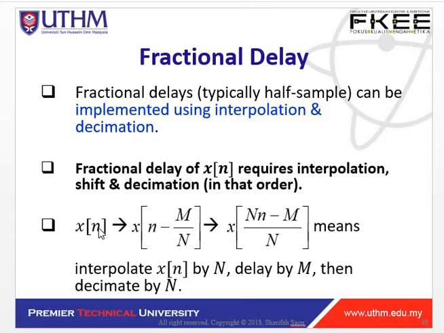Okay, so for example, if you have xn minus capital M over n, this one is the numerator and denominator. So this part is to interpolate the xn by the n here, and then delay by m, then decimate by n. So you need to follow the sequence.